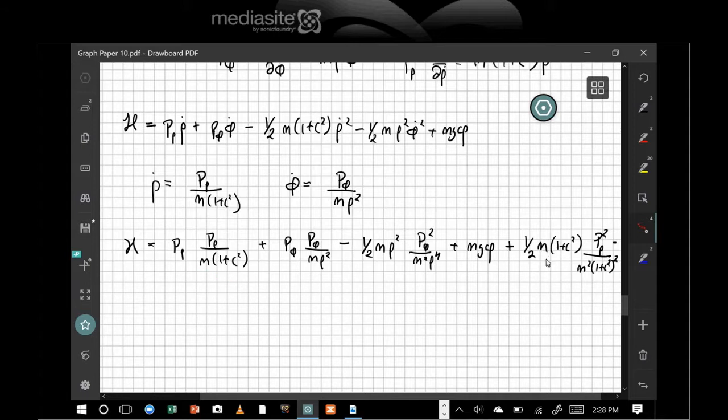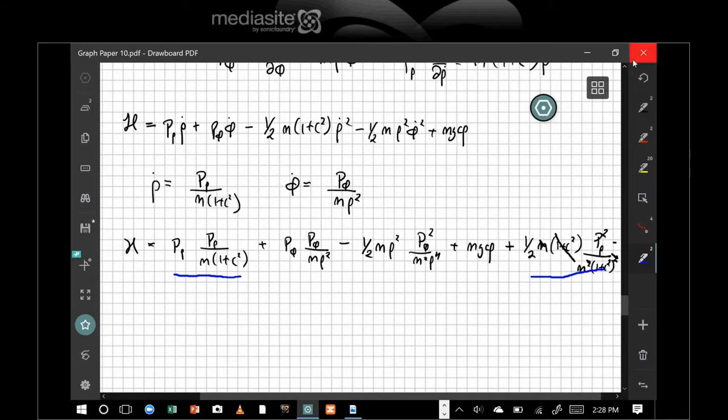Now notice that this term here, one of these guys cancels out. This mass cancels out with that one there, and what I see is that this term is basically 1/2 of that.